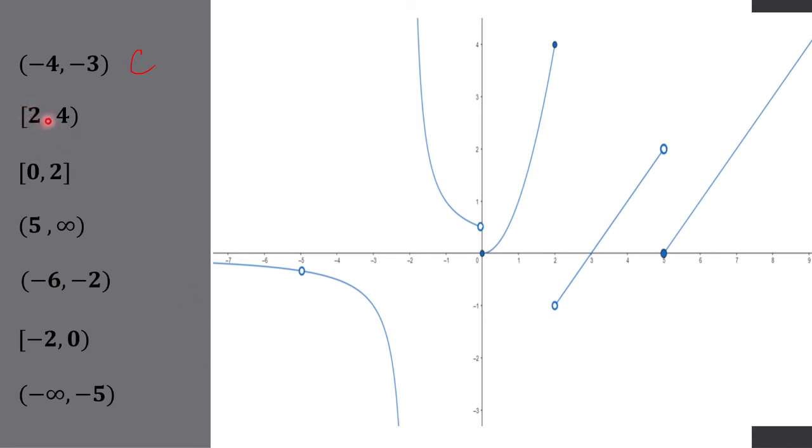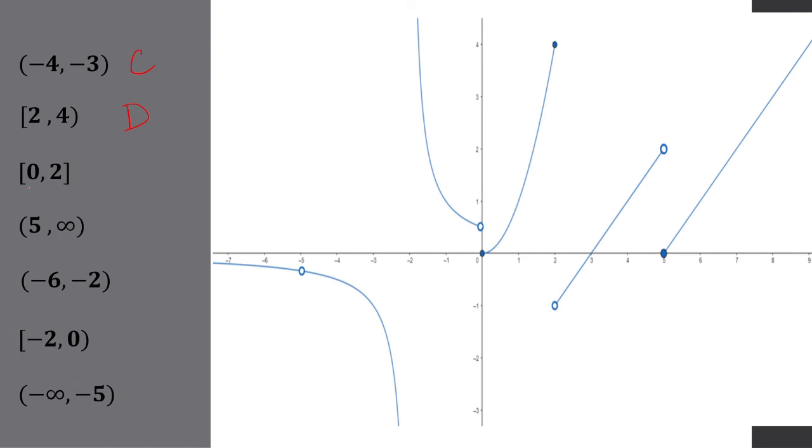In this interval, 2 is included. So in reference to our given graph, this would be 2 to 4. From 2 to 4, there is a hole at 2. Therefore, the function is discontinuous on this interval.